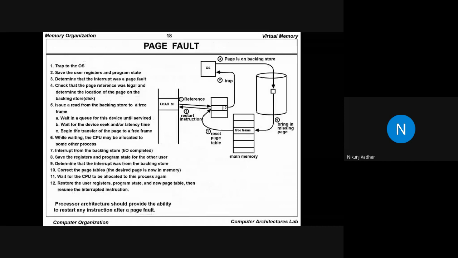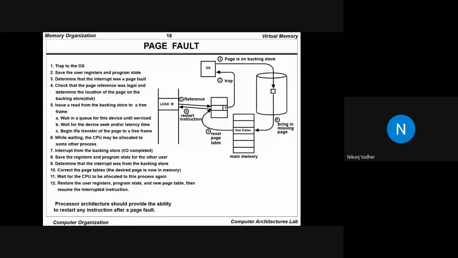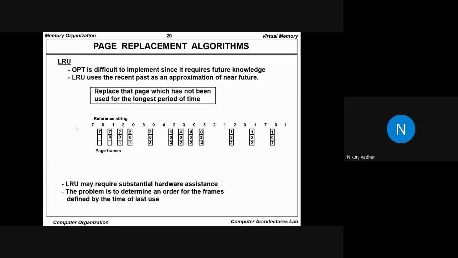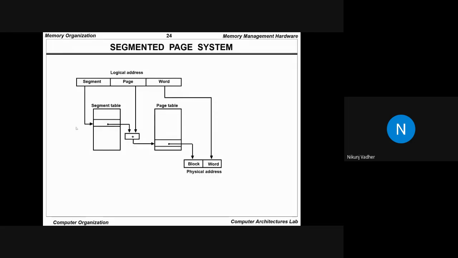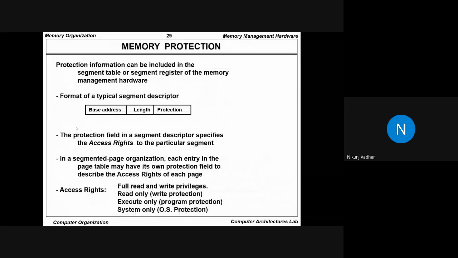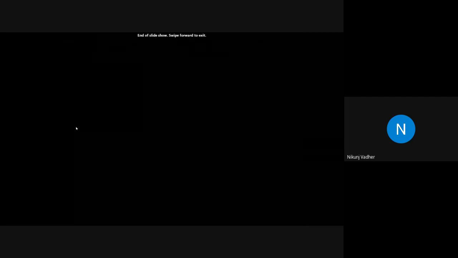So that part is covered here. You are already familiar with page mapping, physical to logical and logical to physical address conversion, and the page replacement algorithms FIFO, optimal, and LRU. We are not going to consider this in the picture.